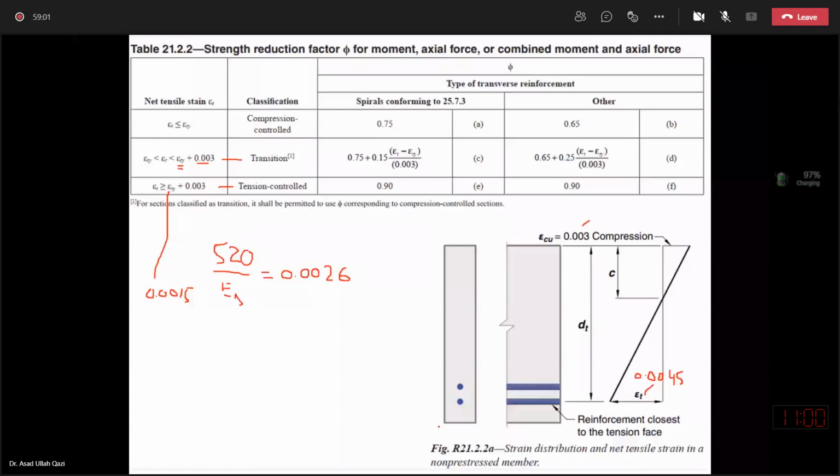So for them, answer is still 0.005. So still we are safe to use 0.005.